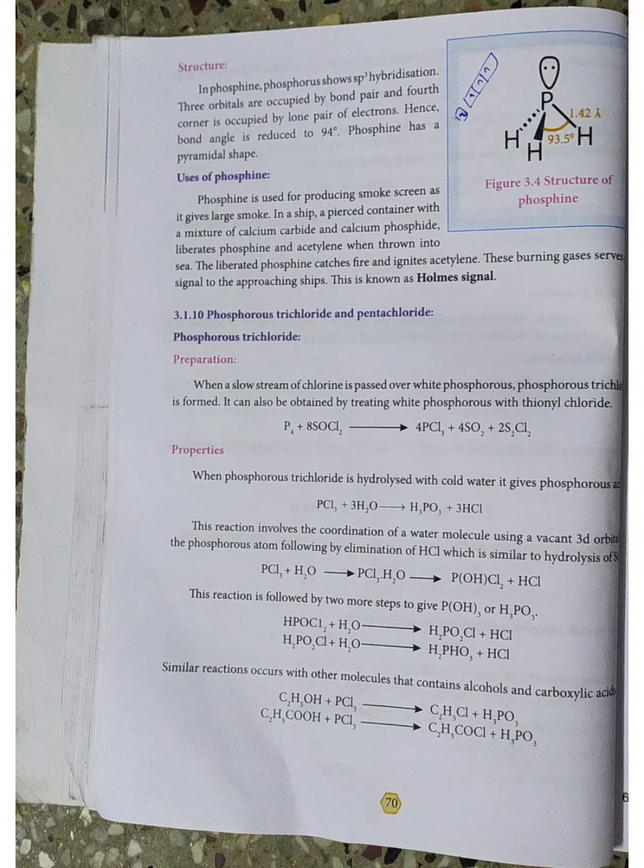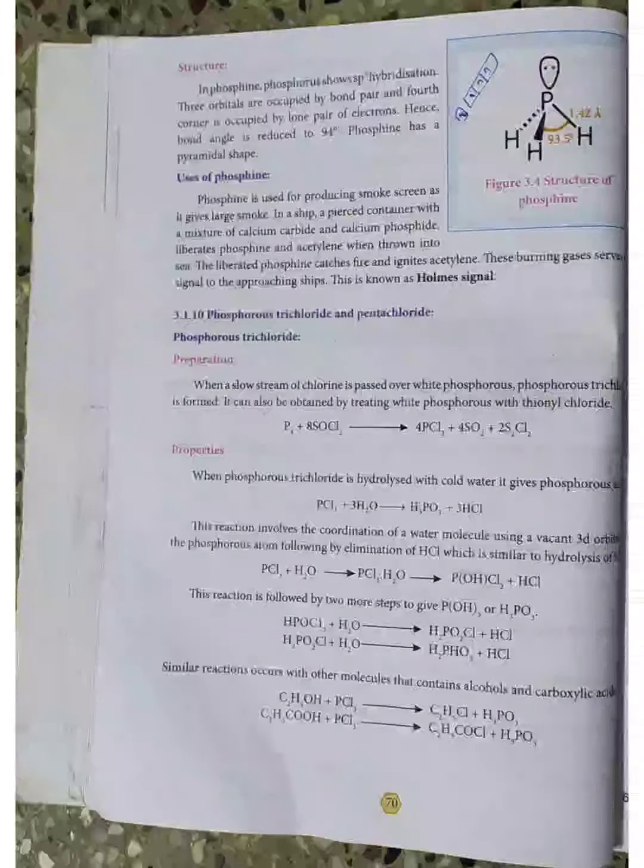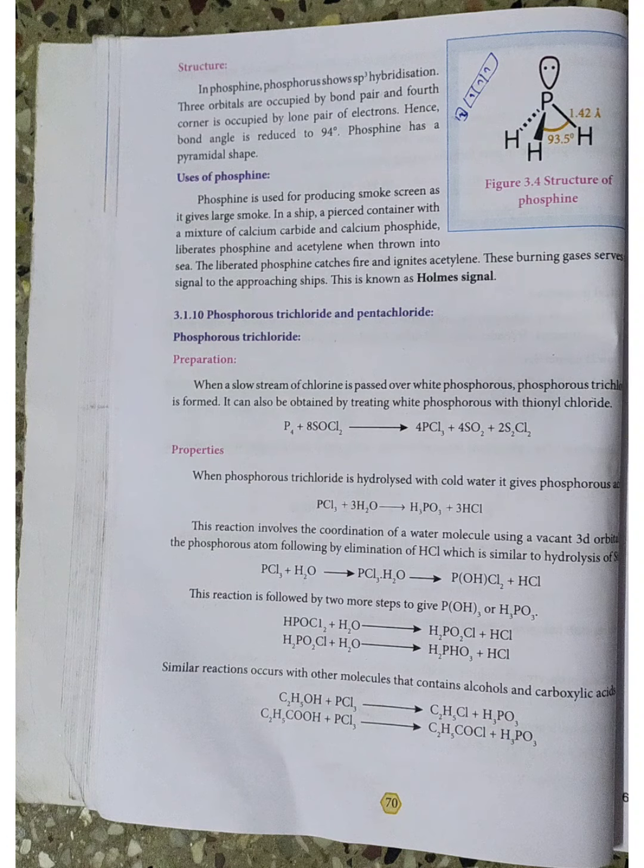Propionic acid combined with phosphorus pentachloride gives propionyl chloride, HCl and POCl3. Next, uses of phosphorus pentachloride: it is also used as a chlorinating agent and is useful for replacing a hydroxyl group by a chlorine atom.